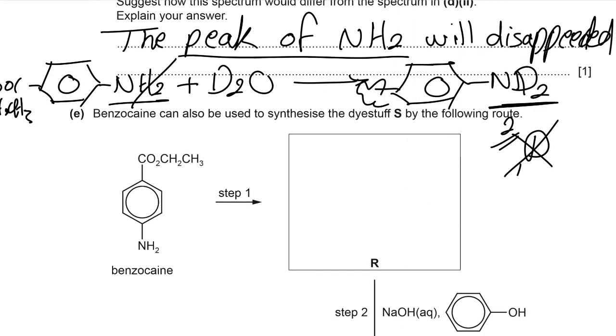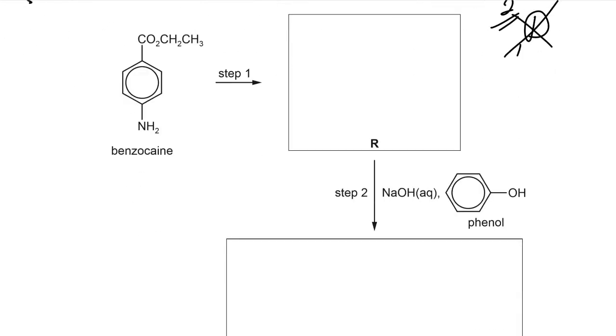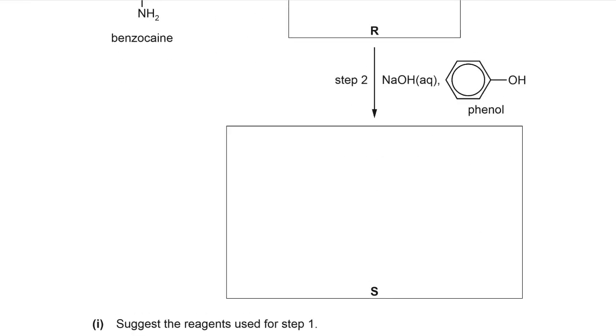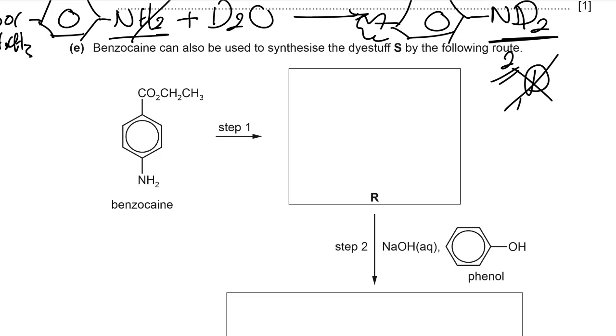Okay, benzocaine can also be used to synthesize the dye S by the following route, R and S. For a dye, and from amine compounds, at once you need to think about diazonium salt.